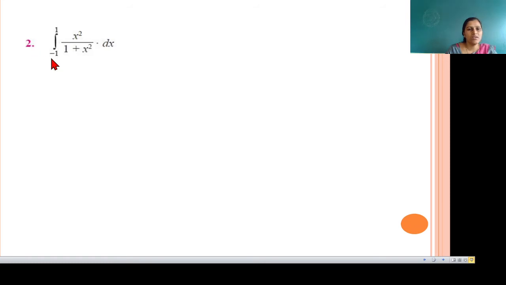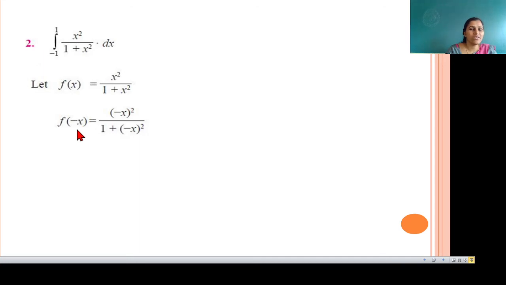The second example is integral minus 1 to 1 x square divided by 1 plus x square into dx. So this is our f of x. So f of x is equal to x square divided by 1 plus x square. Then we have to check whether the given function is an odd function or an even function. That's why we replace x with minus x.